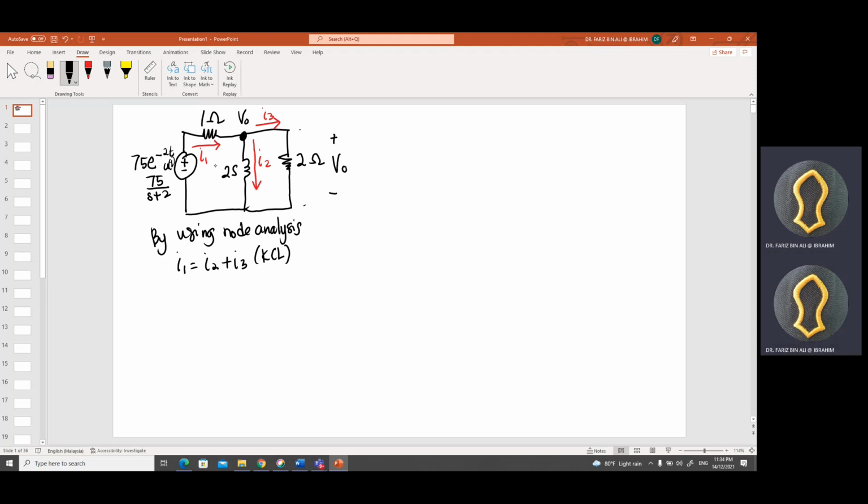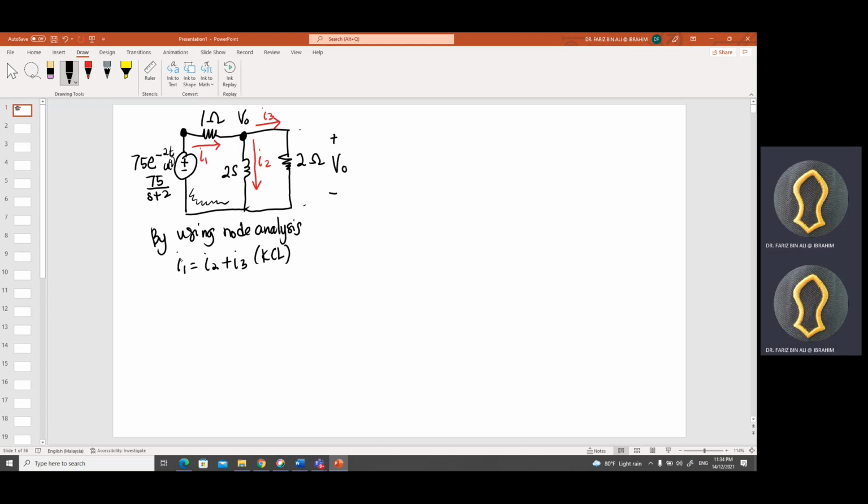So what is your I1? I need to get it in terms of the voltage. Using Ohm's law, I1 is the current that flows from this point to point V node. There is no other component at the other connection, so it is between this node and this node.